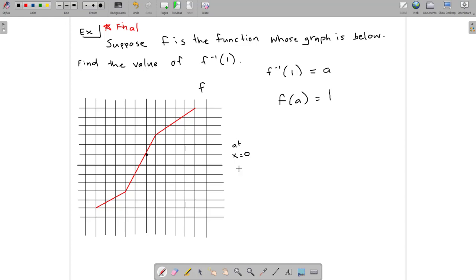At x equals 0, f of x equals 1, right? So that's what I was looking for. That means that f of 0 equals 1, right? So I've now found what a is. So then that also means that f inverse of 1 has to be 0, because inverses just flip your x and y's.